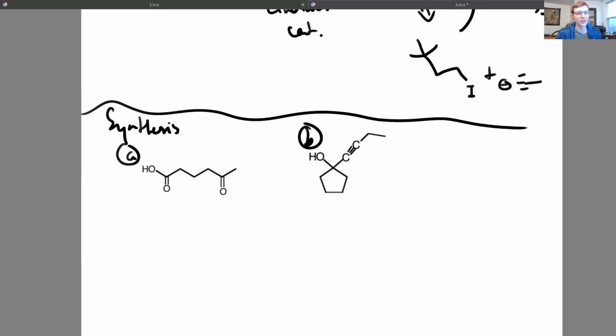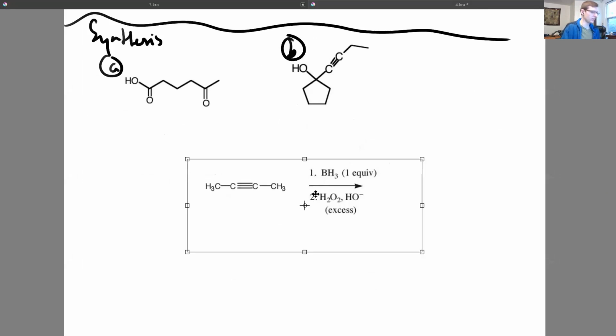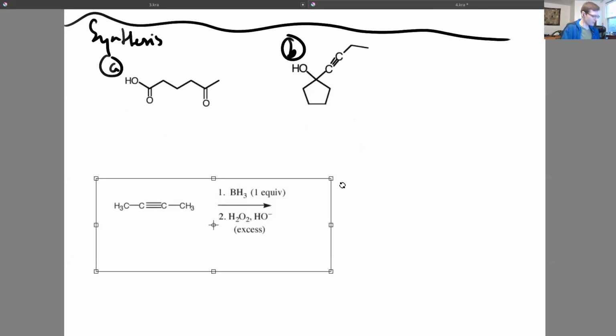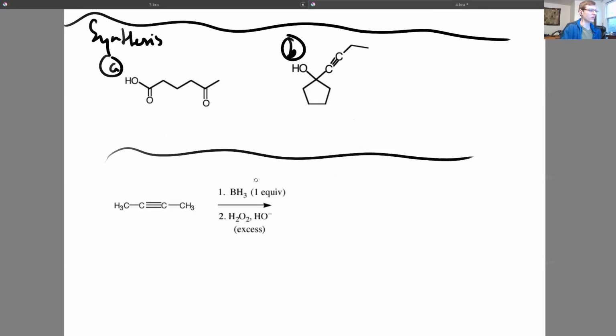The last one is to show a mechanism for this, which doesn't come up that often, but it very well might.